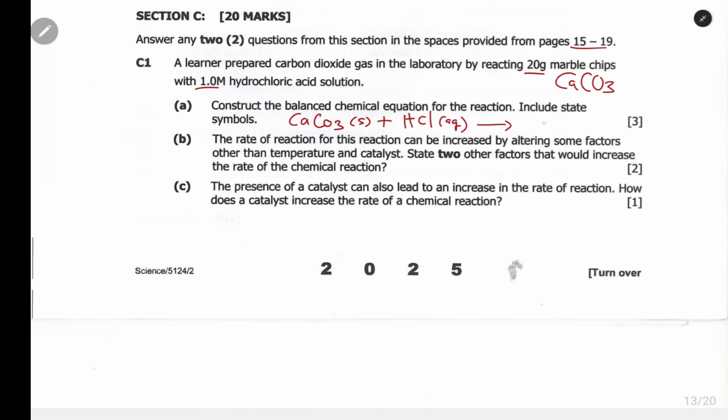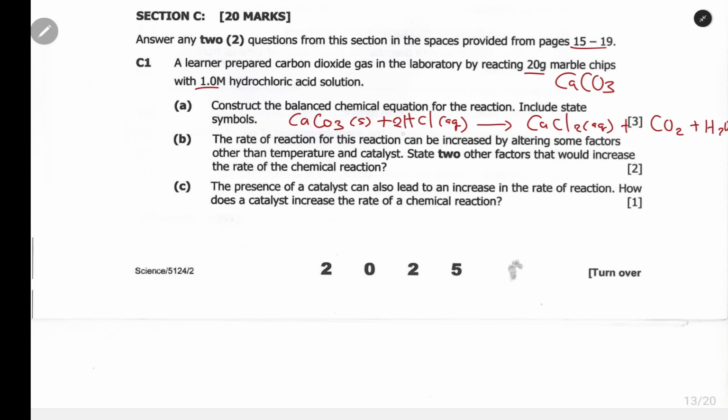This results in the formation of calcium chloride as a salt, which is aqueous as well, plus carbon dioxide gas, plus H2O as water. Now, is this balanced? No. Let us balance it. Chlorine is 2, so we put a 2 there.